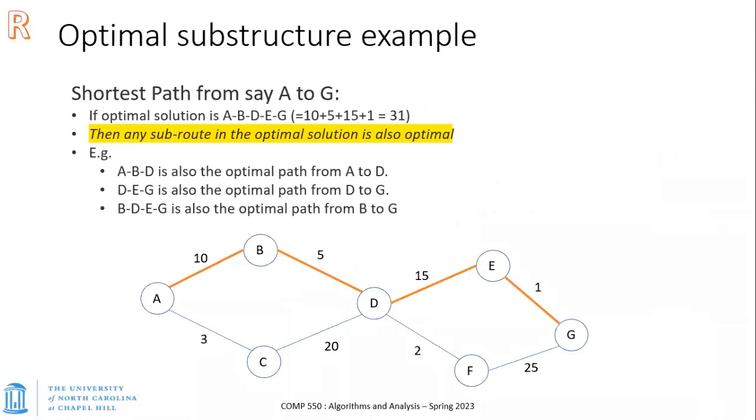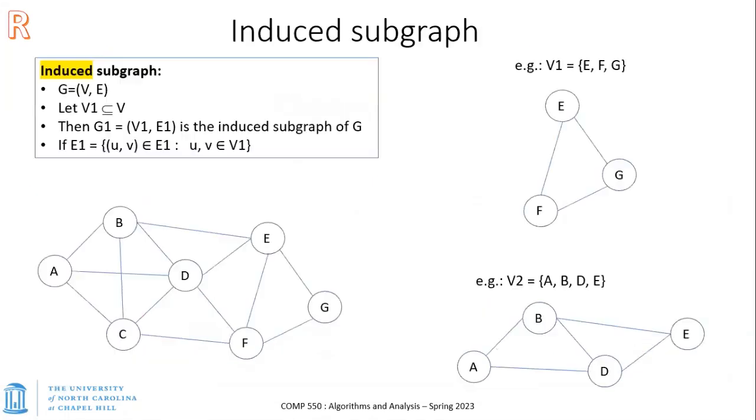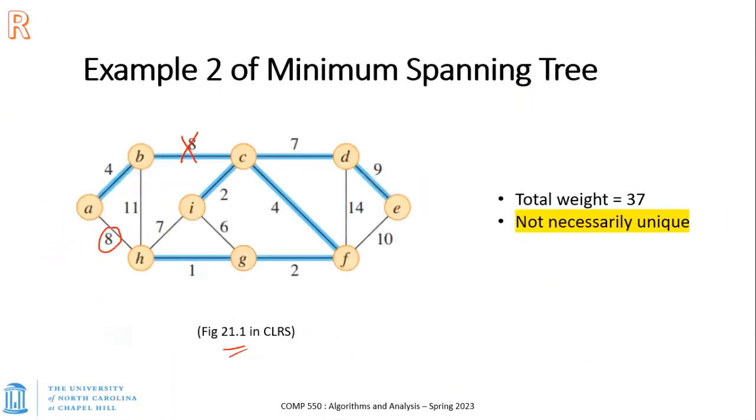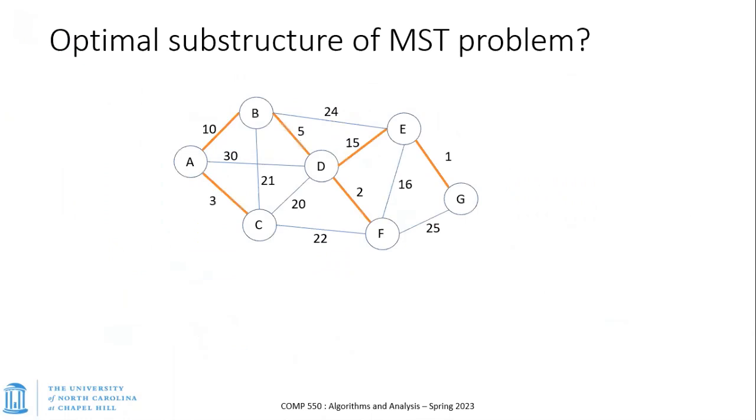So if the overall path is optimal, then any substructure which is within that optimal route is also optimal. Okay, so that's what an optimal substructure means. So think and see whether there is an optimal substructure here or not.